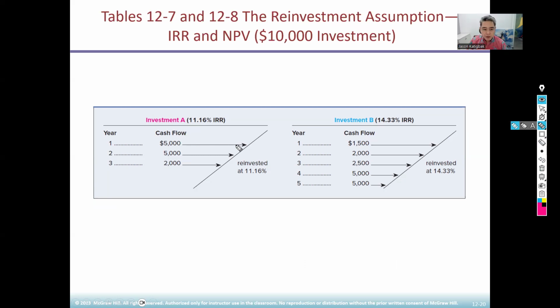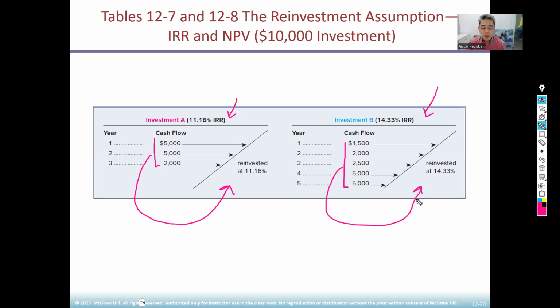In this calculation of IRR, you are expecting that the cash inflow will be reinvested at the IRR level, which is not the case, because I might get on investment B in year number 4 5,000, just in case our assumption is almost good forecasting. On year 4, I realize the 5,000. Economy is bad. Hey, do I have an amount to invest it at the 14.33 as computed as the IRR?